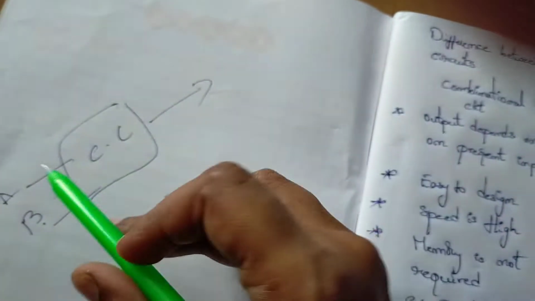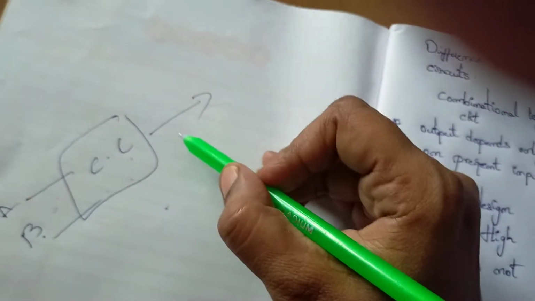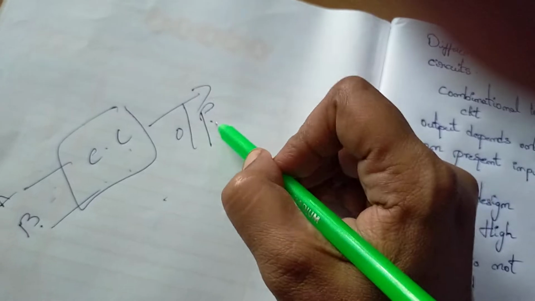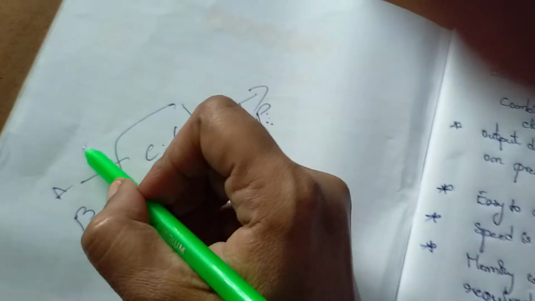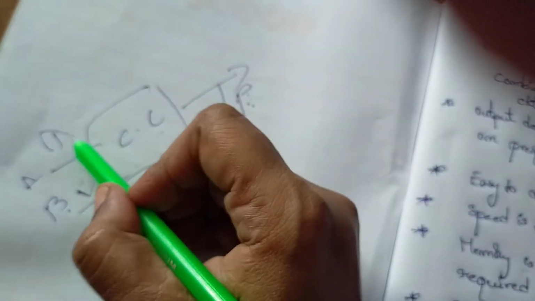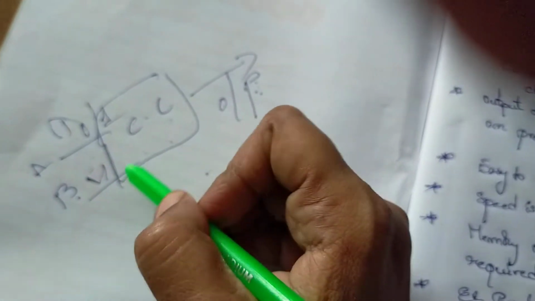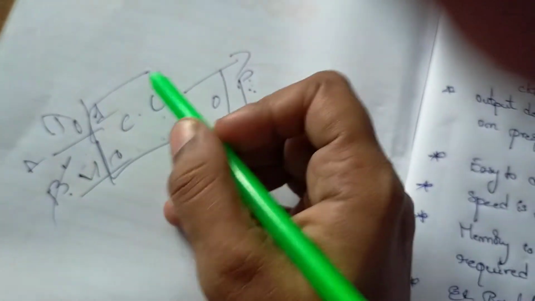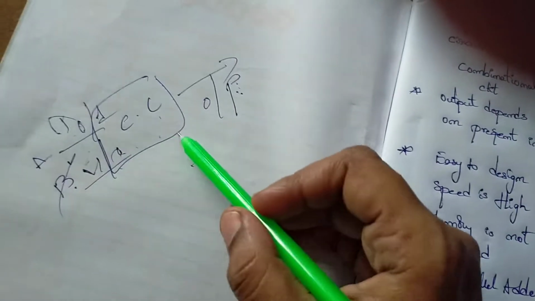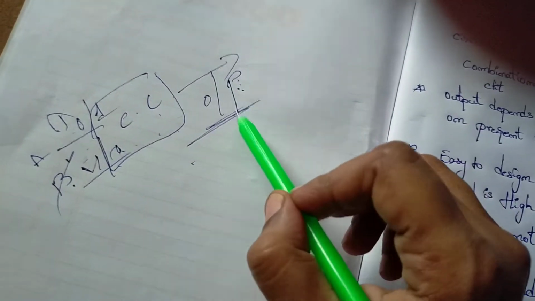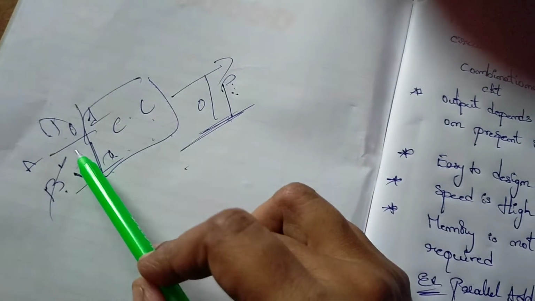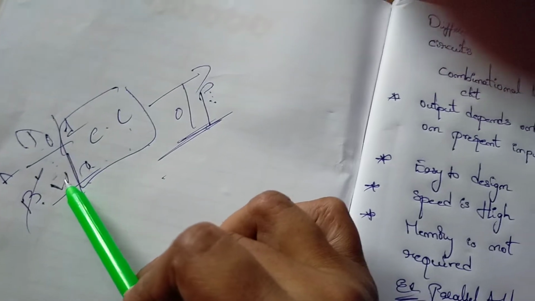Here in this combinational circuit, the output depends only upon the applied input, whether it may be 0 or 1. So in a combinational circuit, output totally depends upon the input variables.